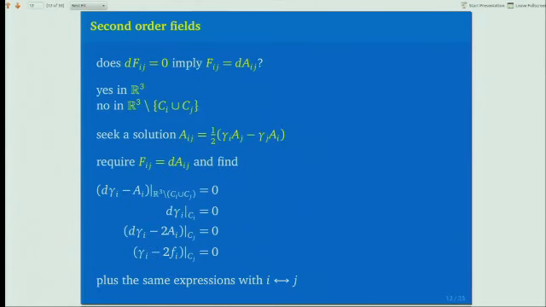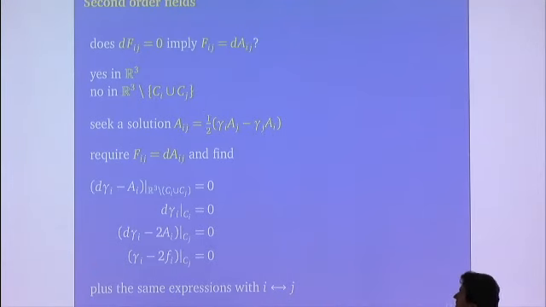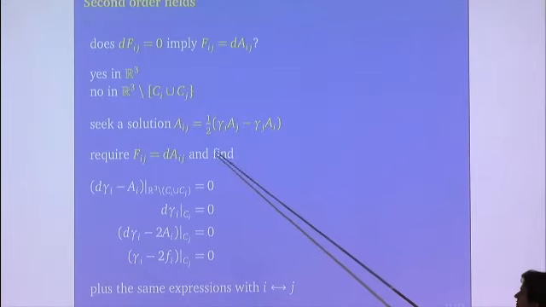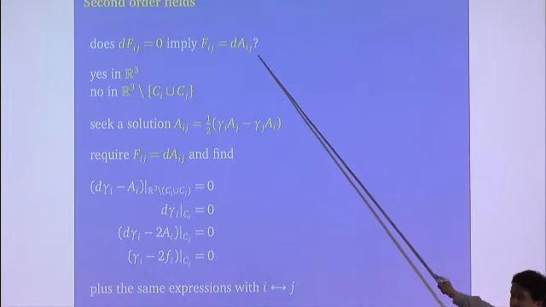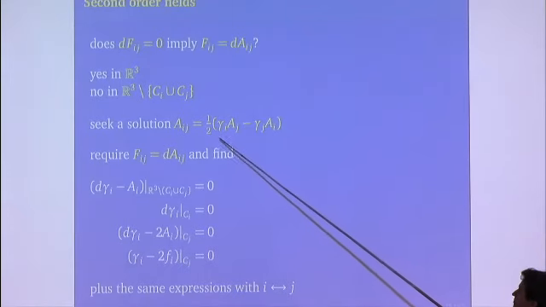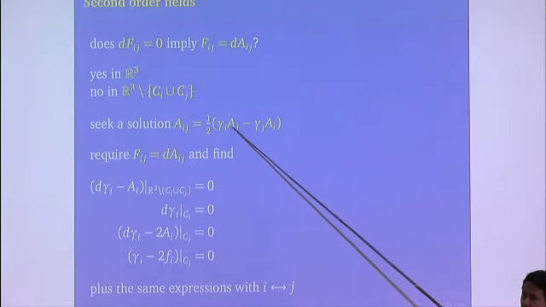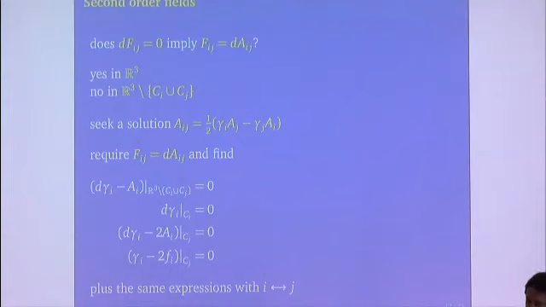Now, the question, of course, is: if it's closed, is it exact? Well, yes and no, depending on the connectivity. We will nevertheless seek solutions which satisfy this. So in a way, I'm talking not about local functions, but functions which are global, meaning they depend not only on the value at a point, but on the history, on the path which some other functions took, and those other functions would be the gammas.